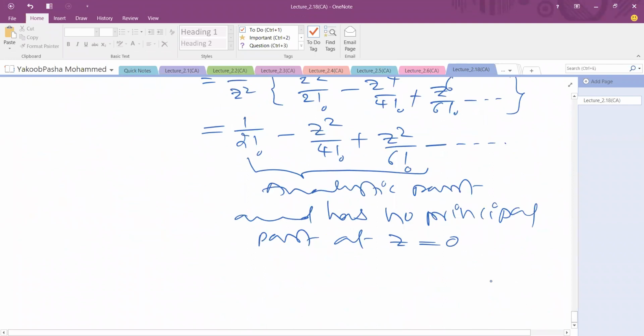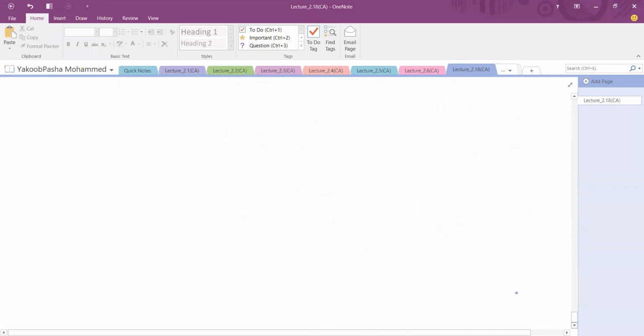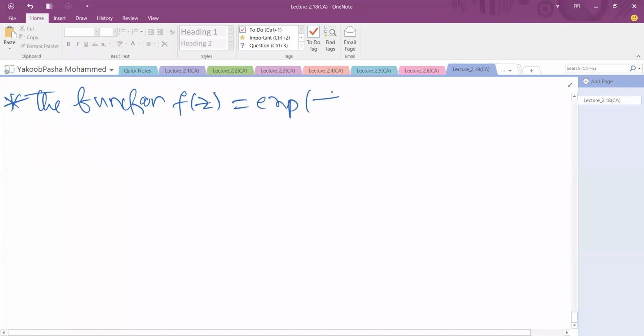Okay. Now I'm taking another problem. The function f of z is equal to exponential of 1 by z, as the options are the same here.